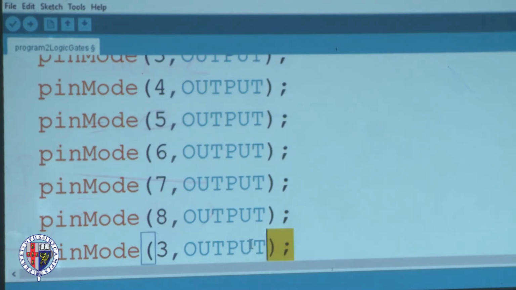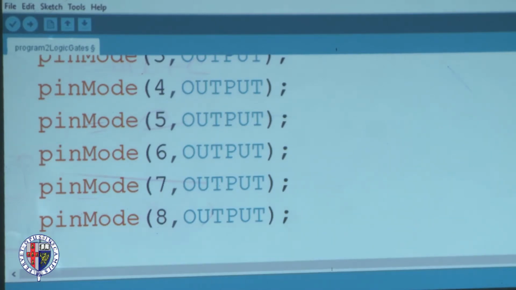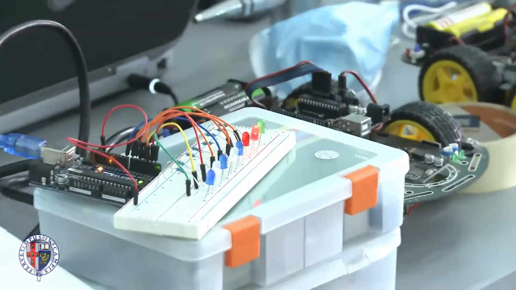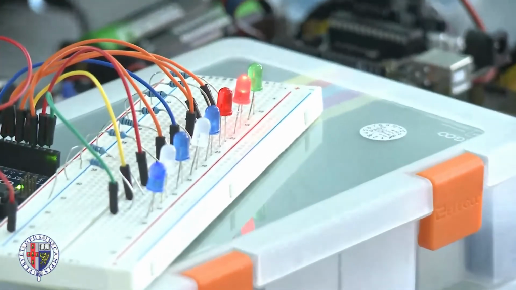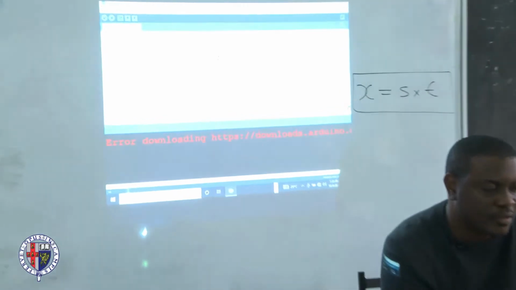Right now only one is activated. I was just telling it to look at pin 3, but I can allow all of them to be the output. So I'm allowing all the lights to be the output, instead of just looking at pin 3.